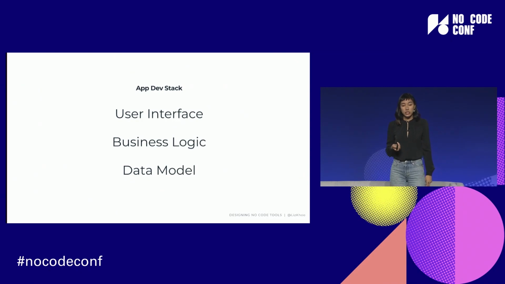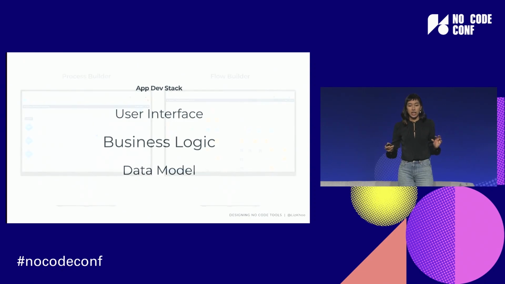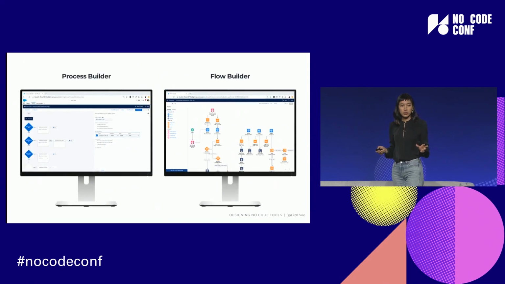And so I'm going to be talking to you about two tools that are within this business logic layer. And those two tools are Process Builder, which creates processes, and Flow Builder, which creates flows. There's a little redundancy there, so I'll get to that in a second. And by business logic, what I mean is you can write a program with these tools without writing code.